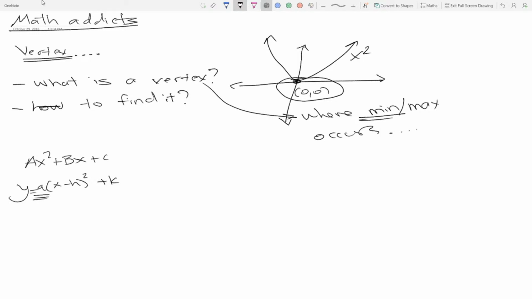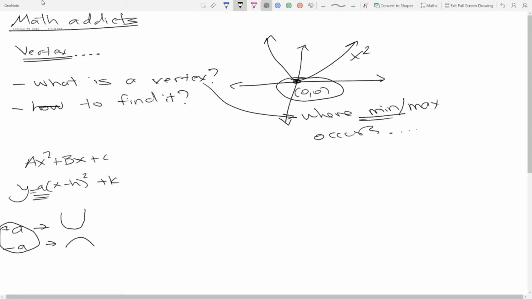This a plays a huge role in this. If a is positive, the quadratic function would open upwards like that. If it's a negative a, it would open downwards like that. So this tells us if we're going to have a maximum or minimum. If it's a positive a, we're going to have a minimum.